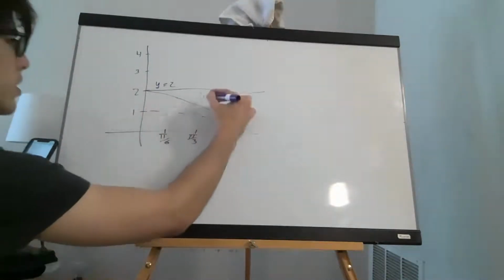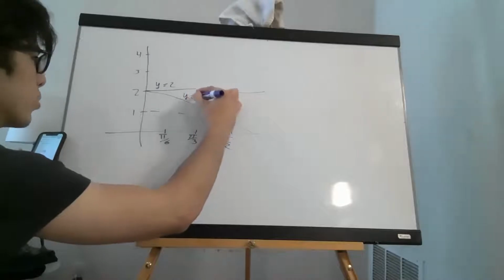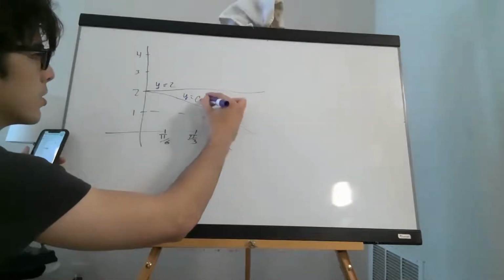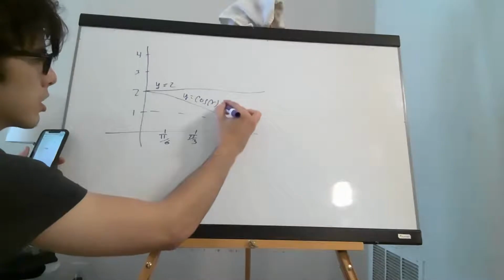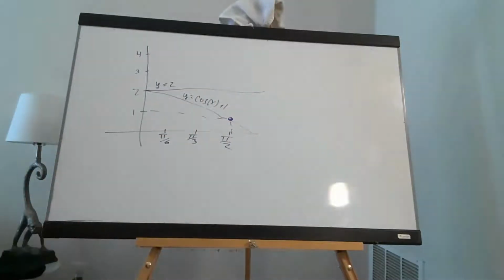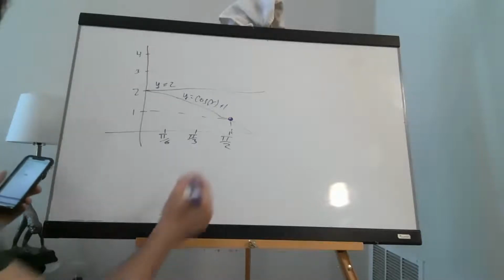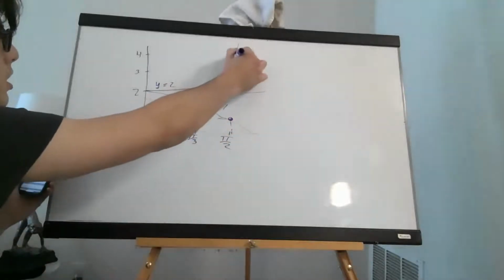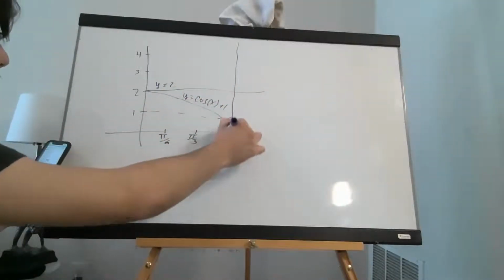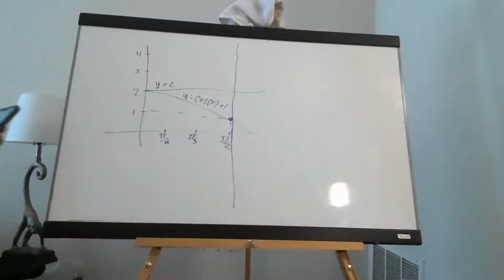Then this front line right here is y equals cosine x plus 1, and x equals pi over 2. What is the area of the shaded region?